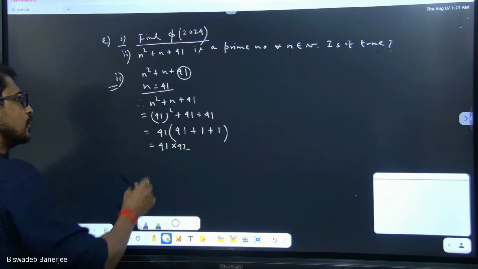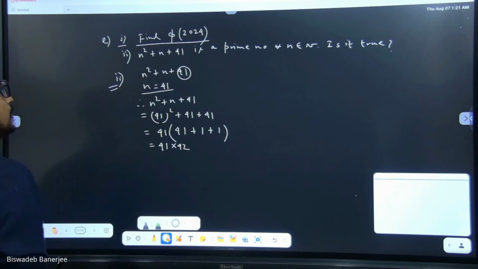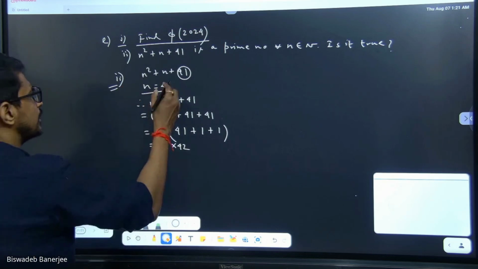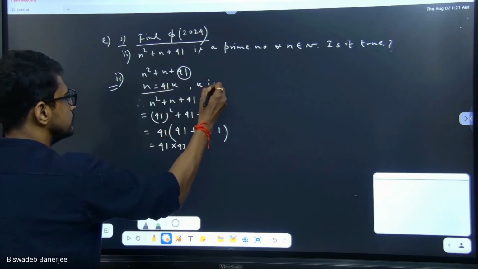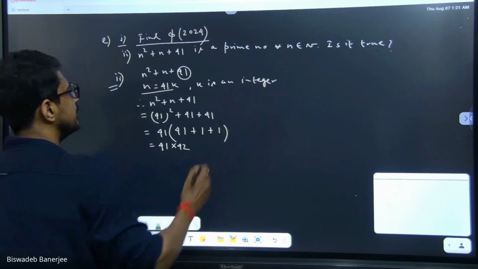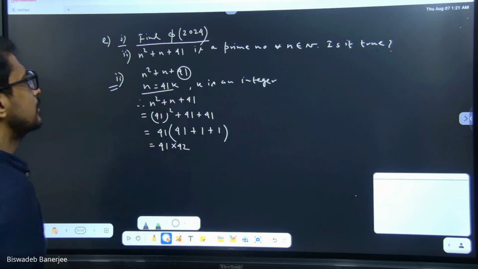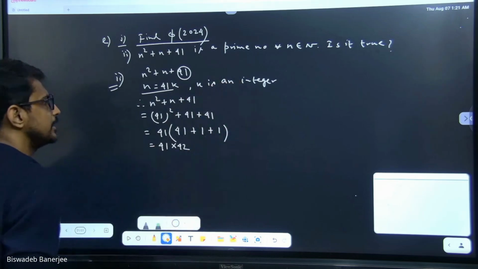Actually, not 41. Let us take n equal to 41k, but k is an integer. Let us take n equal to 41 into k.